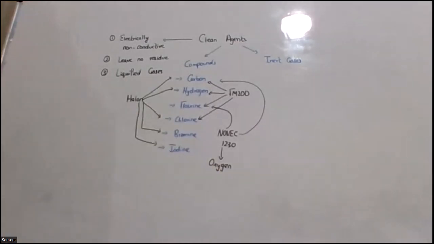So what is the difference between FM200, Novec, and halon? They are all compounds to some extent, right? So why is halon banned, FM200 applicable, and Novec considered much more appreciable or effective than FM200 and halon? Any ideas?